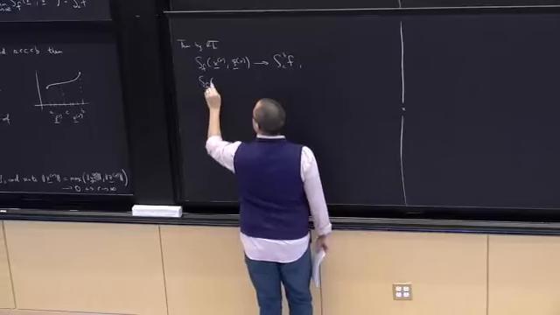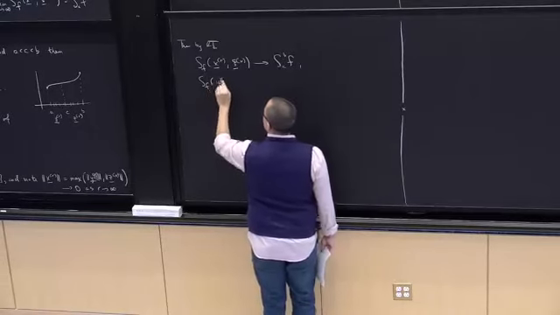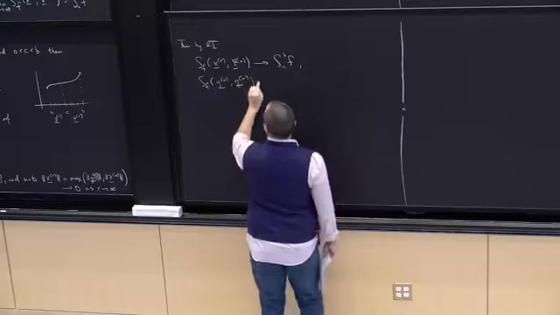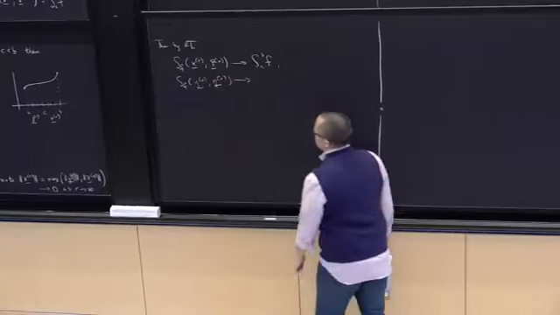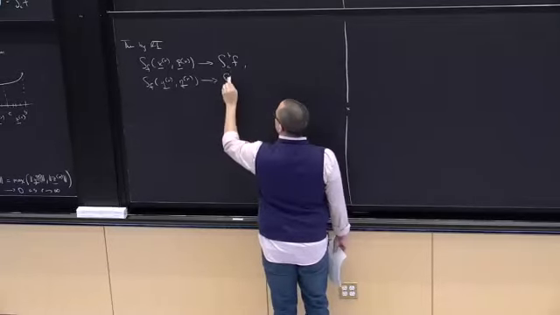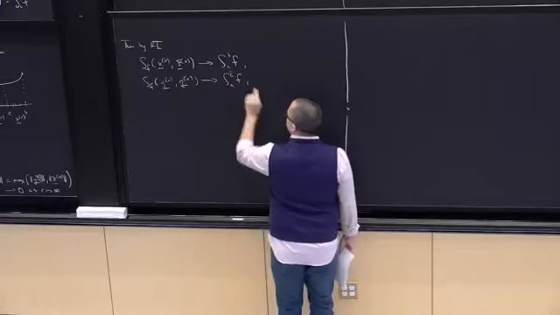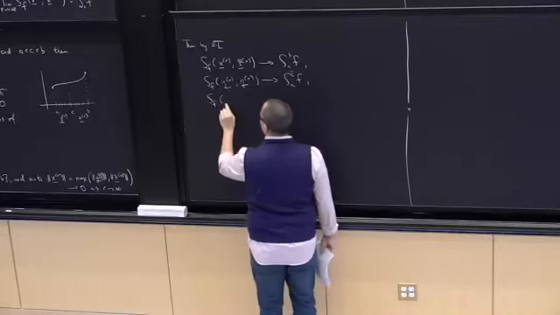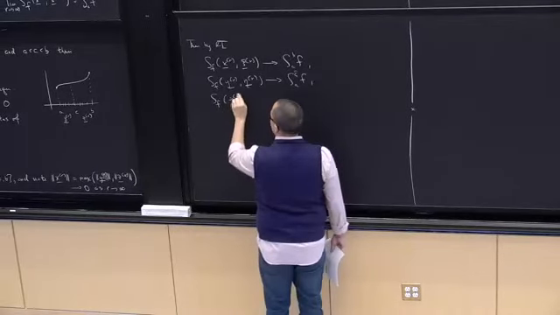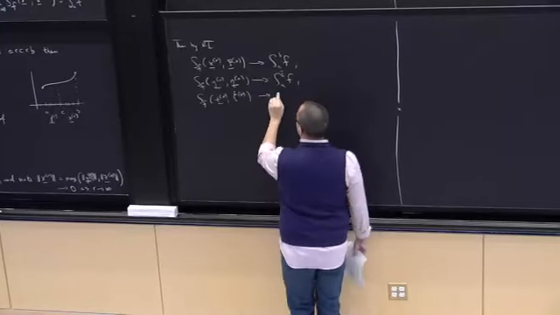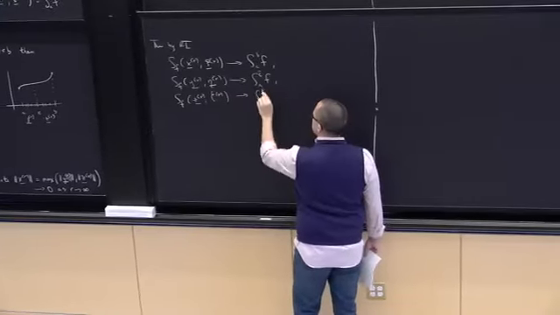The Riemann sum associated to this sequence of tag partitions converges to the integral from a to c of f, and this sequence of Riemann sums associated to these tag partitions converges to the integral from c to b of f.